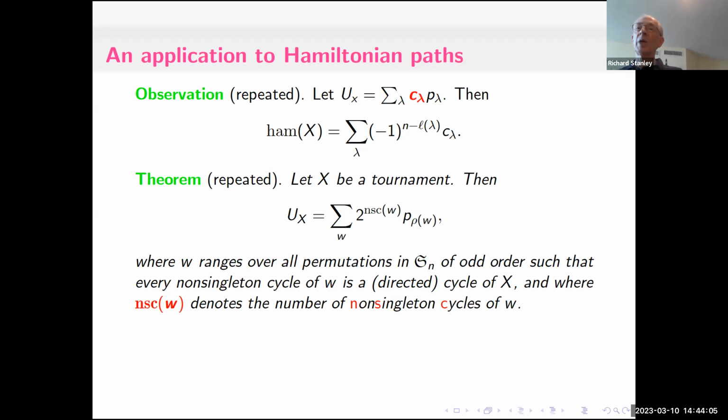Okay, so I repeated my formula for ham X in terms of the C lambdas. I've repeated the expansion of UX in terms of the P lambdas for tournaments.